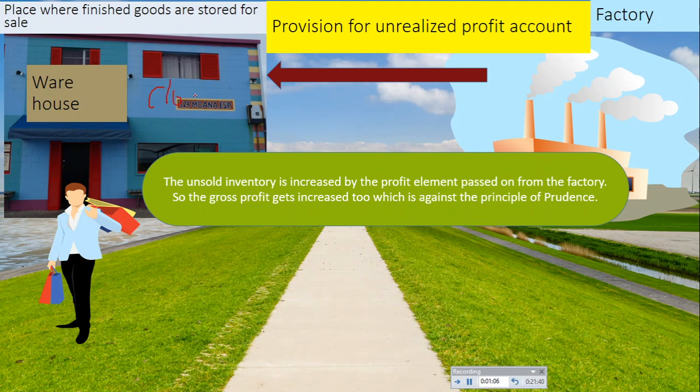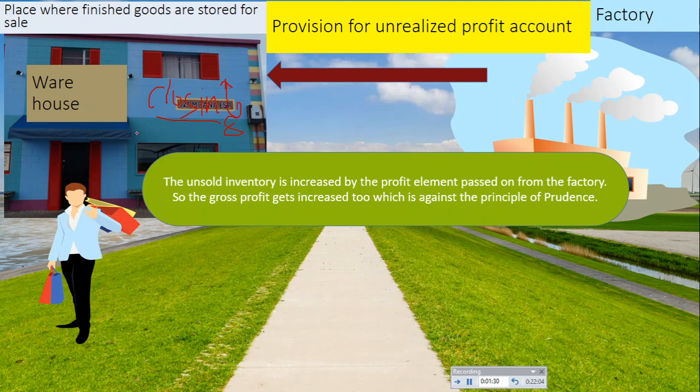So when they have closing inventory, the closing inventory is shown as an income in our trading account. So since it is shown as an income, your income will be in excess. It will be higher by the profit element transferred from your factory.